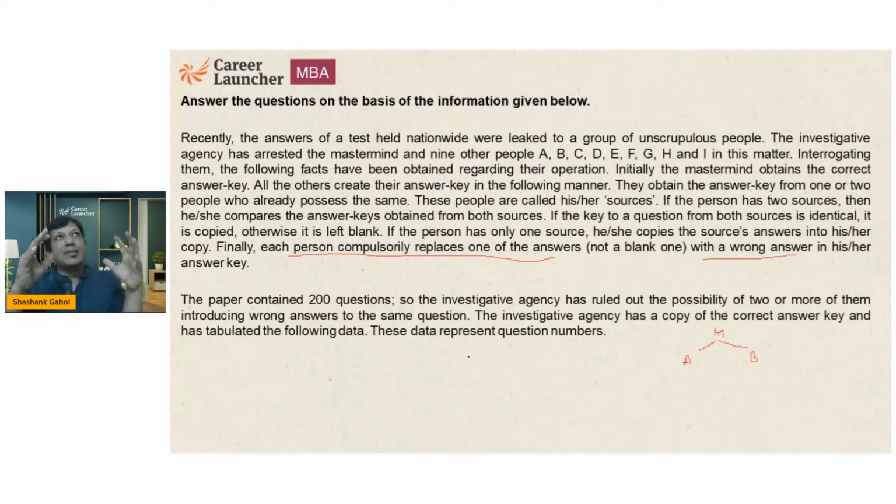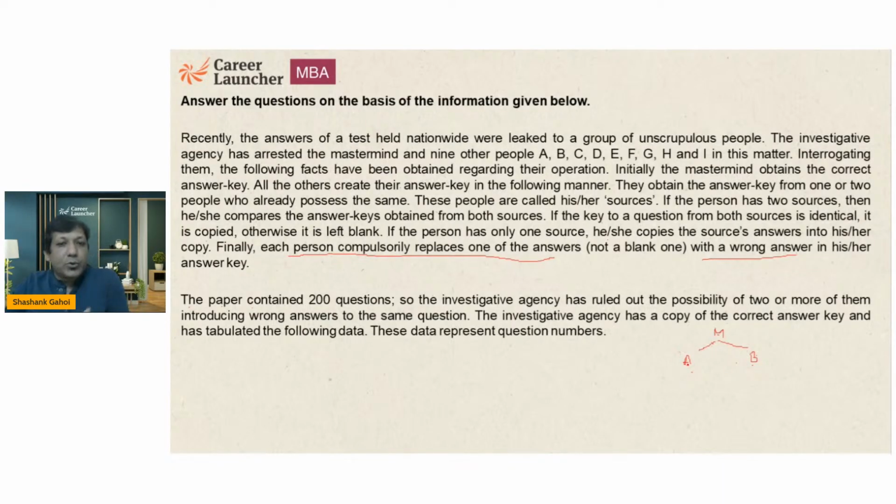Understand this story: there is a guy who is the mastermind. He got all 100 right. He has the answer key. He has given his answer key to 2 people. I'm just creating a story to understand what is happening. He is giving his correct answer key to two people, A and B. Now A got all 200 right, B got all 200 right.